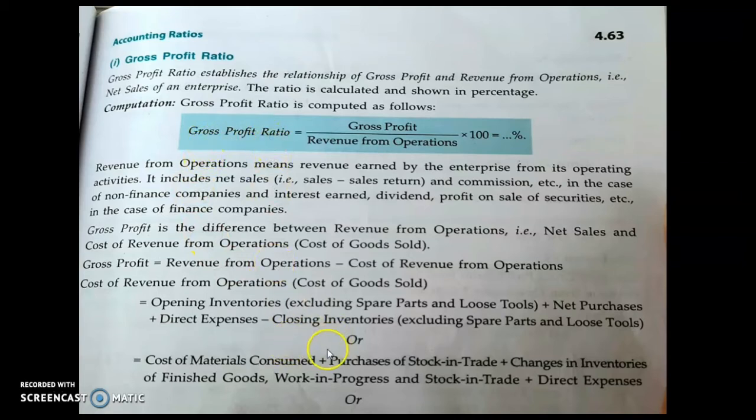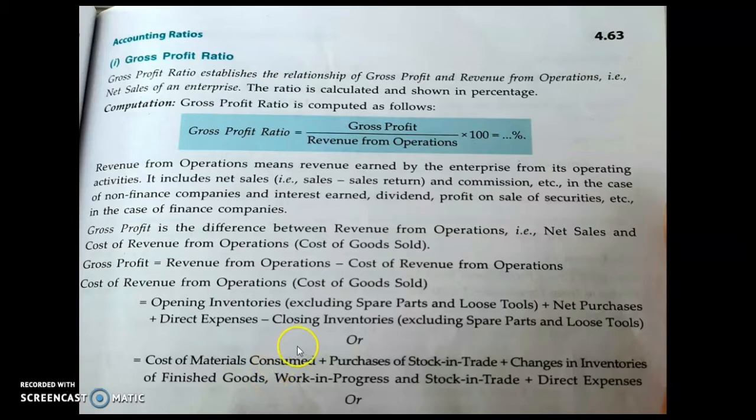The other formula for cost of revenue is cost of material consumed plus purchases of stock in trade plus changes in inventories of finished goods, work in progress and stock in trade plus direct expenses. These are related to manufacturing companies.